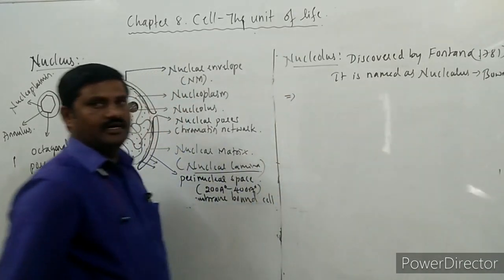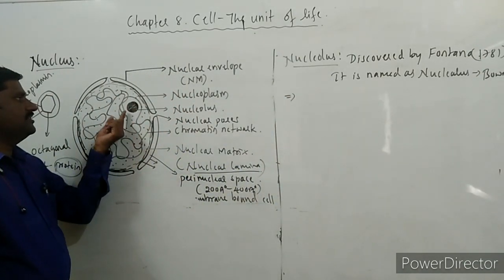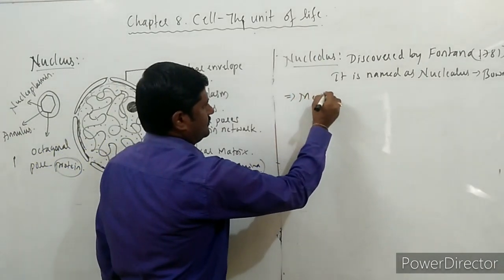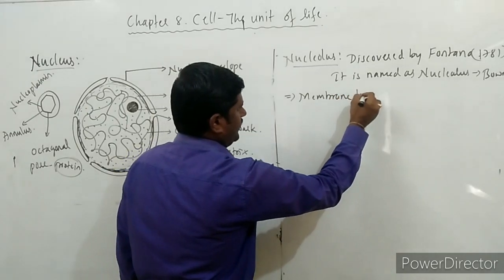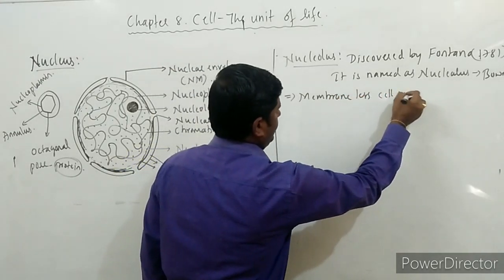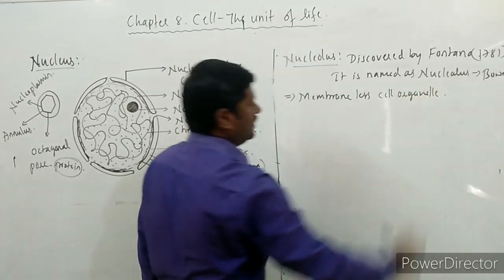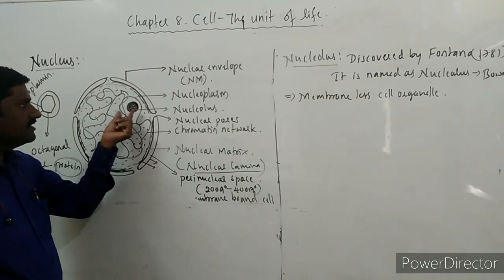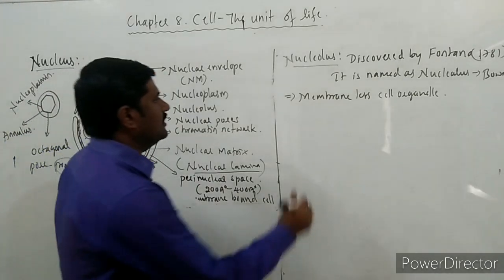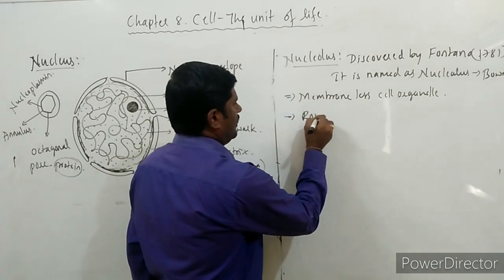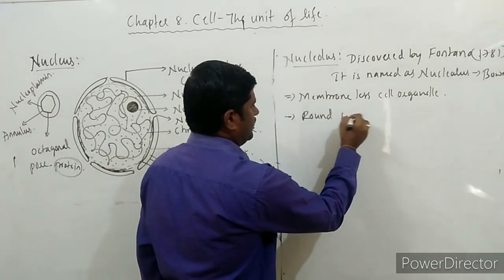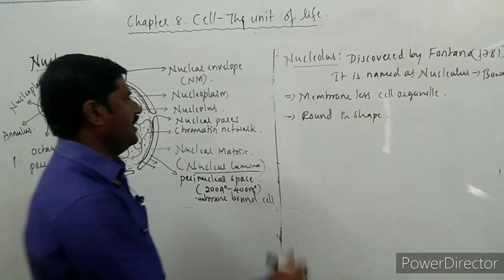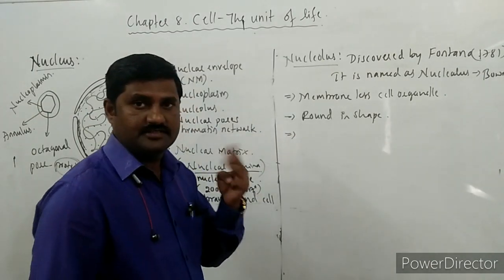Whenever you observe the diagram, this nucleolus doesn't have any membrane around it, hence it is a membraneless cell organelle, right? It is roughly round in shape, and it has three major sections.